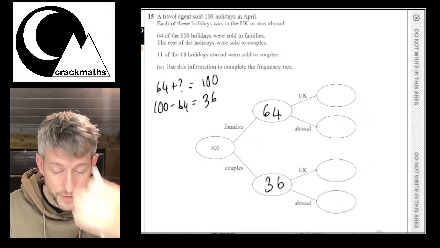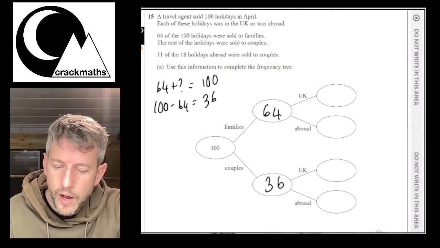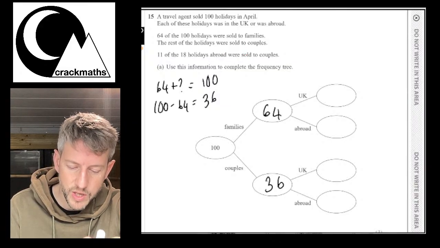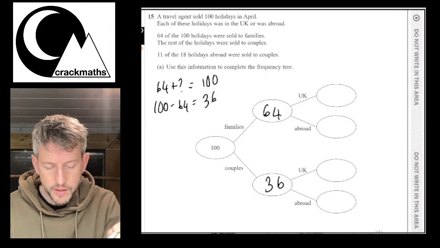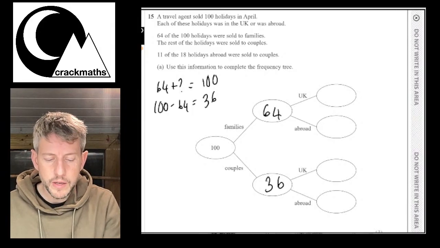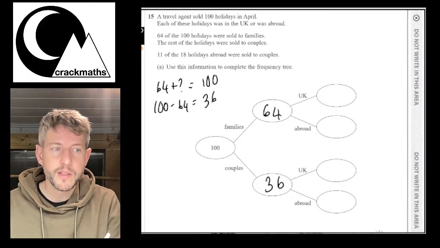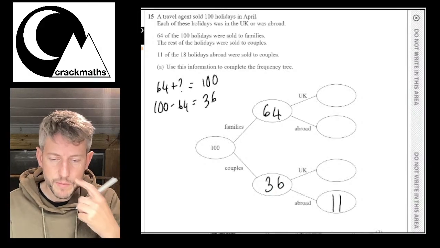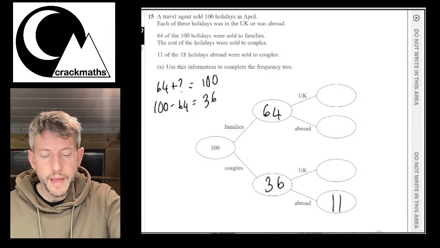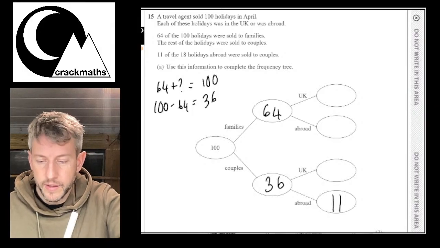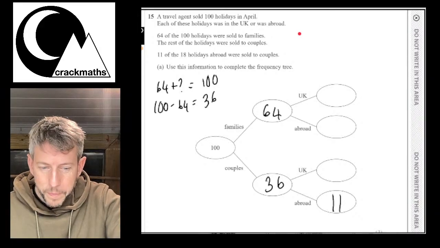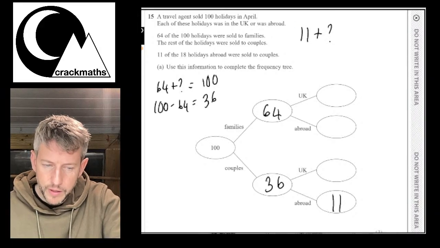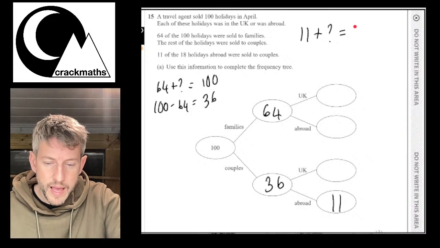Okay, the next bit is that 11 of the holidays abroad were sold to couples. So we're in the couples section here, 36. There were 18 holidays abroad, so basically the 11 holidays plus the rest of the holidays equals 18.